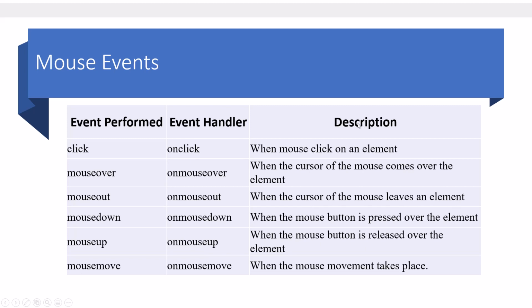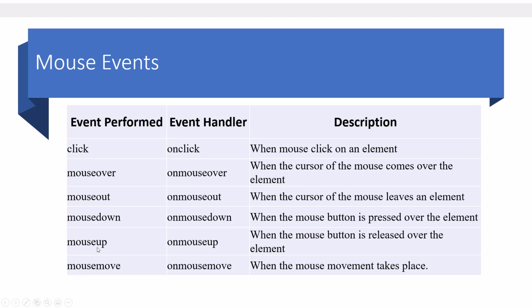Now my cursor is on the description element, and when I leave this element, the event performed is mouseout. Then mousedown, with the event handler onmousedown, occurs when the mouse button is pressed over the element.